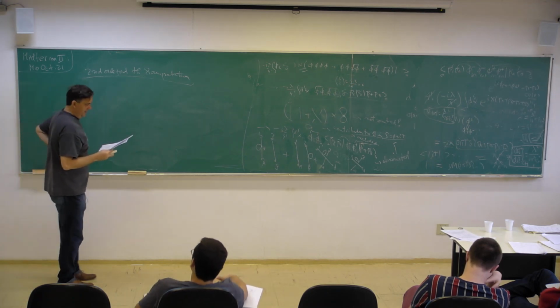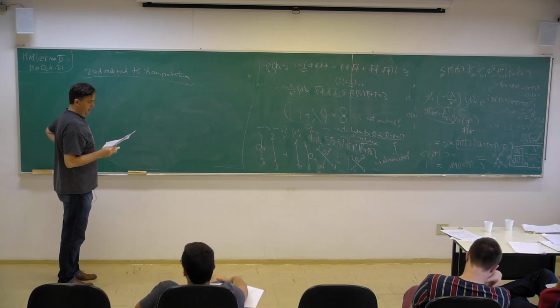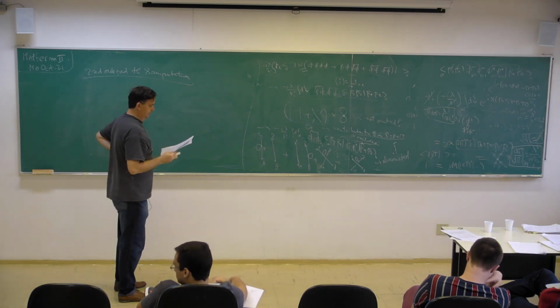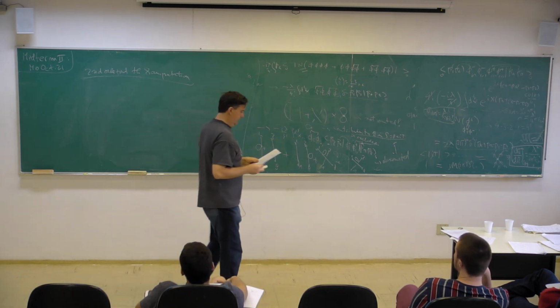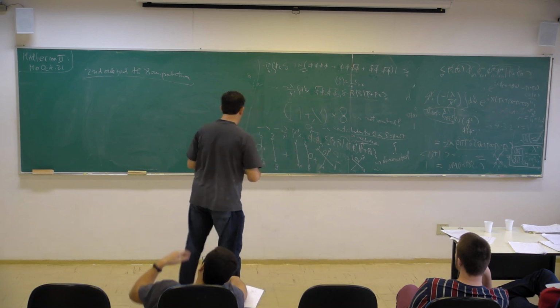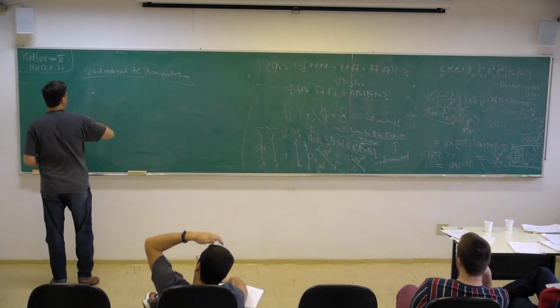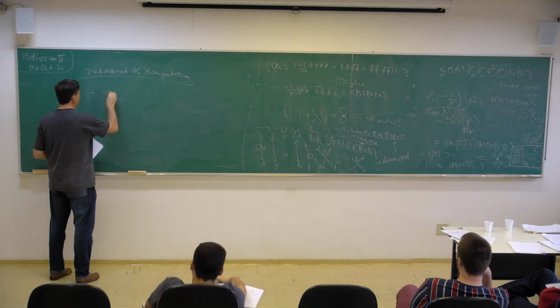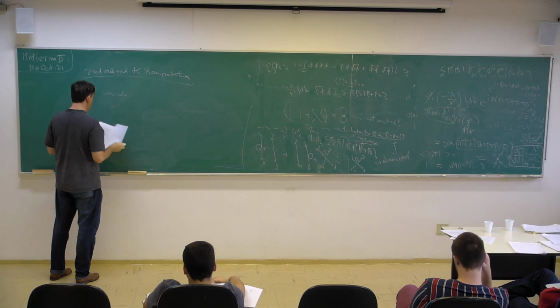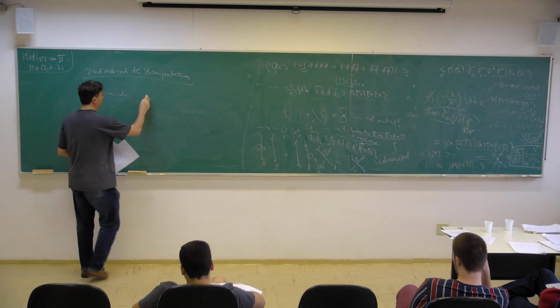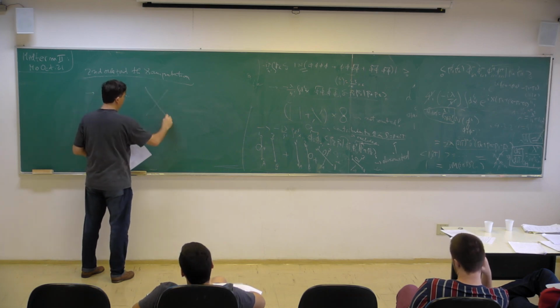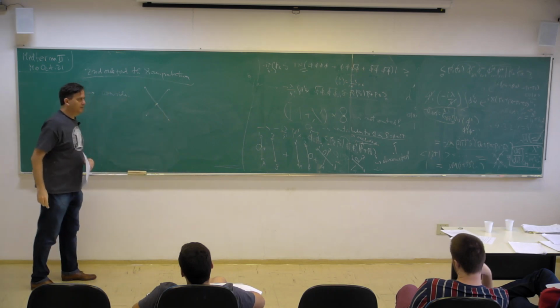So we need to exclude something that's not amputated. In order to see what happens, I will not write all the possible diagrams, but let's consider the following 2-point diagram. This was the first order diagram.